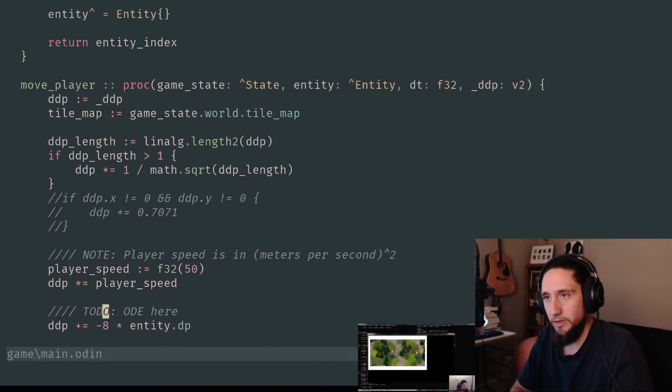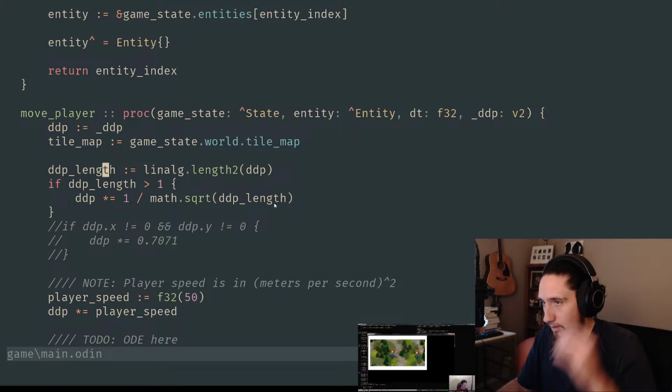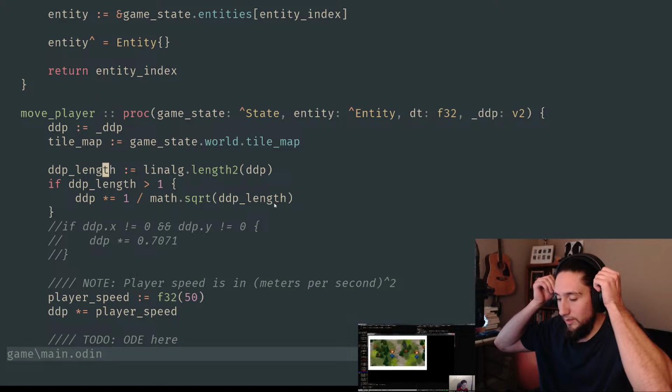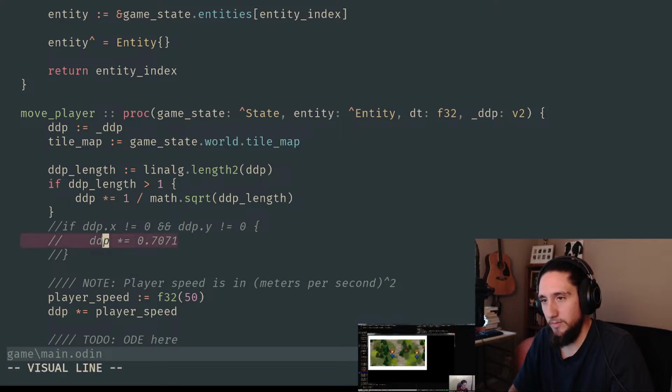But in the first 20 minutes here, Casey just kind of goes over the calculation of a unit vector of the player's acceleration, so that we don't have to use this funky constant anymore.